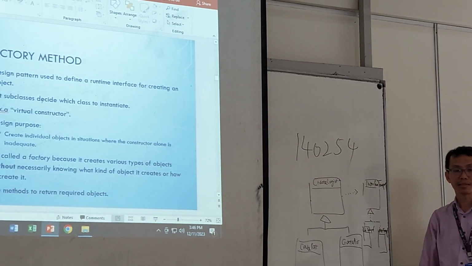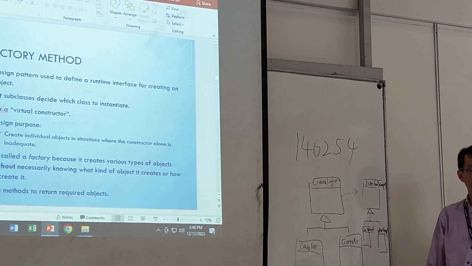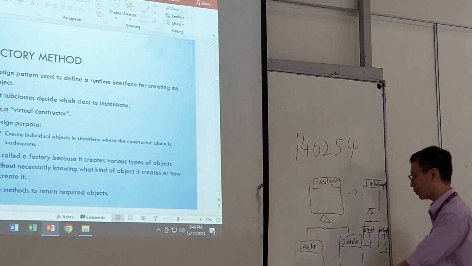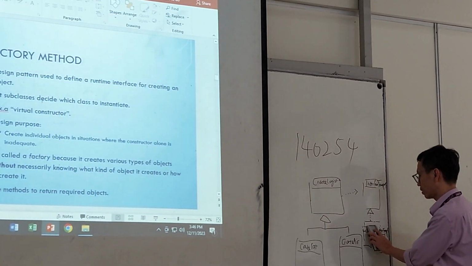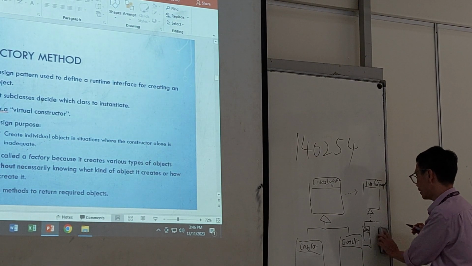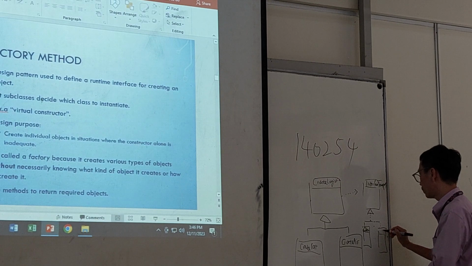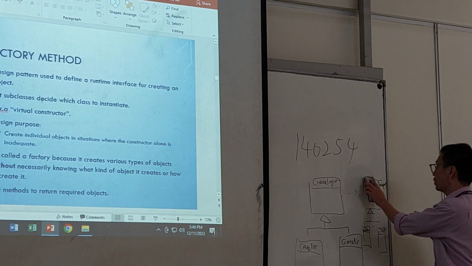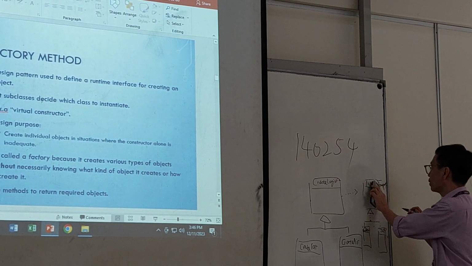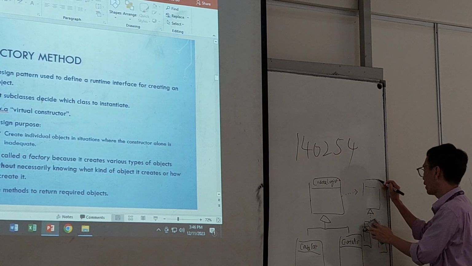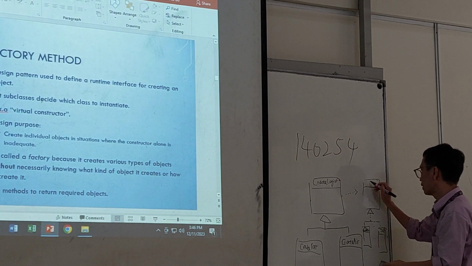Okay, understand? So maybe if you want it easier to understand, then this one I just put car, this one I just put, let's say, jet. Jet is a plane, okay? So maybe this one is a transport interface now. Type of transport.